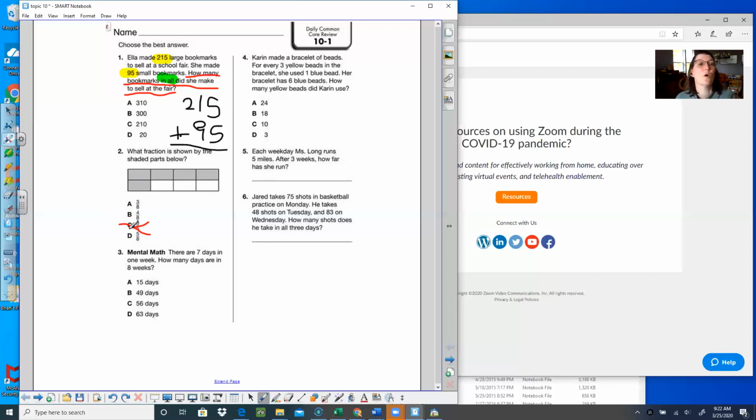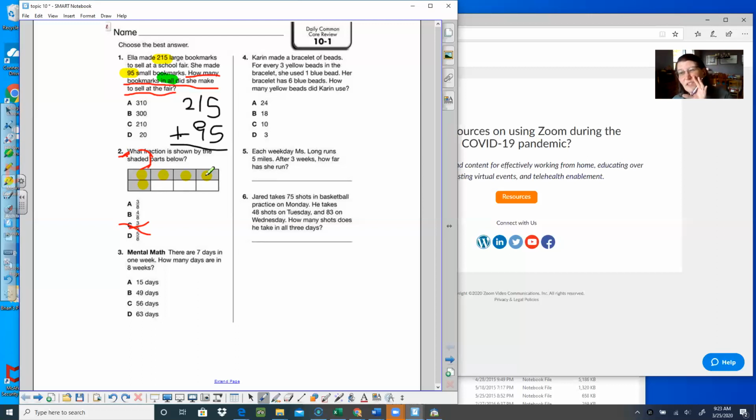They want to know about our shaded parts. So I want you to count up the shaded parts with me. I'm going to try to switch over to a highlighter. There we go. And count with me. 1, 2, 3, 4, 5. And whisper out loud, how many shaded parts?